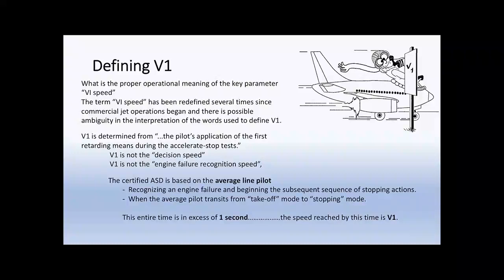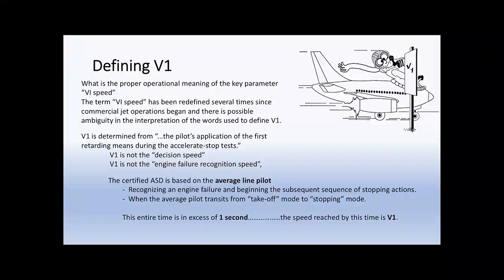The certified accelerate stop distance is based on the average line pilot recognizing the engine failure and beginning the subsequent sequence of stopping actions. It can also be said when the average pilot transits from the takeoff mode to the stopping mode. This entire period gap is in excess of 1 second. 1 second is a regulatory requirement, and now to bring in the average line pilot, a little additional time is added.